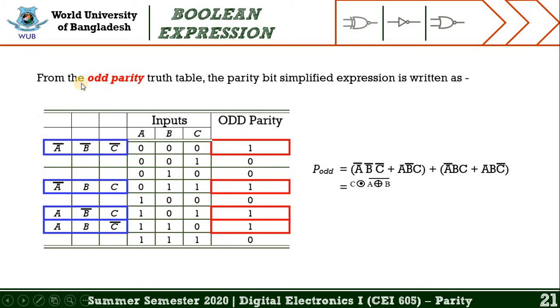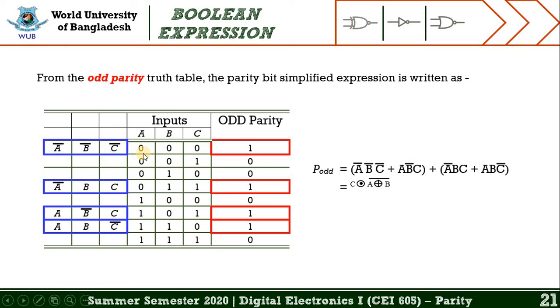From this slide we may learn the Boolean expression of the odd parity generator. So let's start. From the odd parity truth table, the simplified parity bit expression is written in the right section of this slide. In the left section, when the values of the inputs are 0 0 0, we get 1 in the odd parity column.